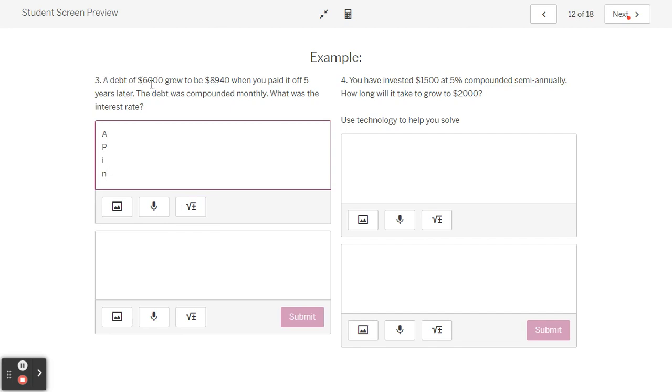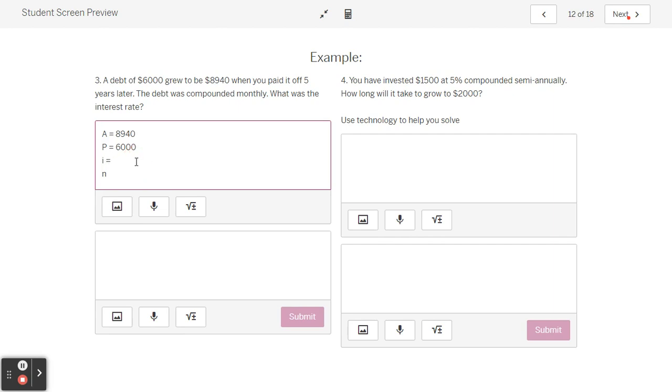A debt of $6,000 grew to be $8,940. So the original amount, or our principal, is $6,000. The amount we have is 8,940.